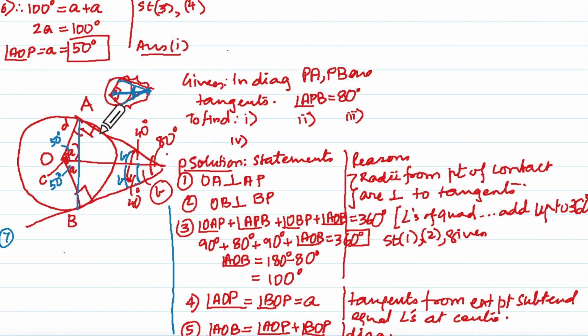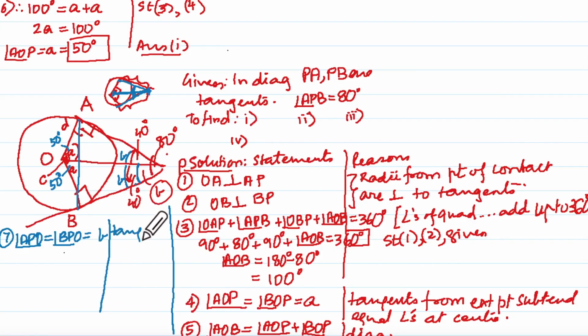So let us write that angle APO equal to angle BPO equal to small b, and the reason will be, what is the reason?